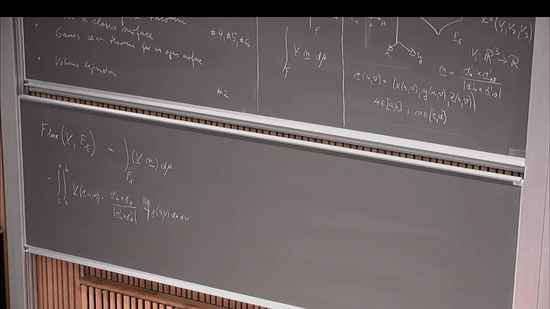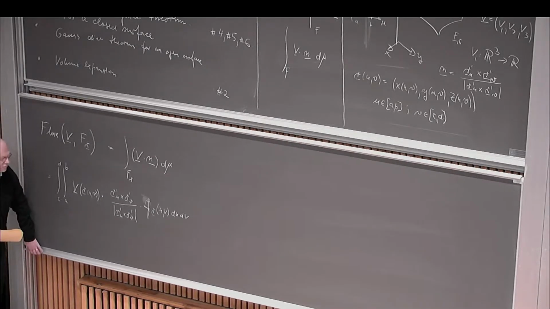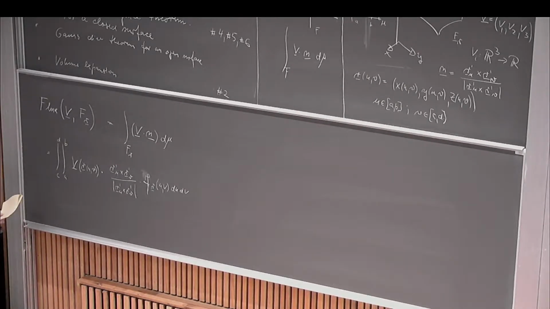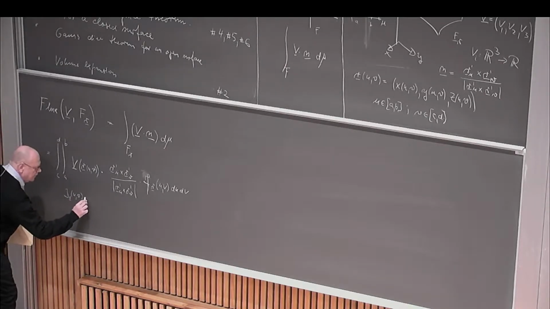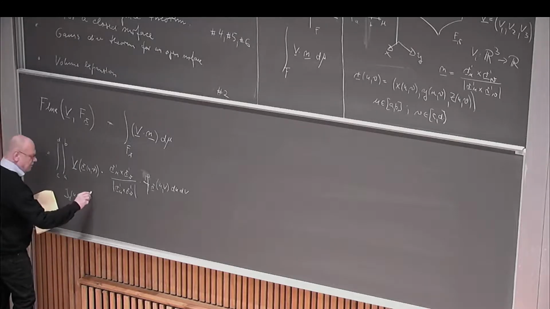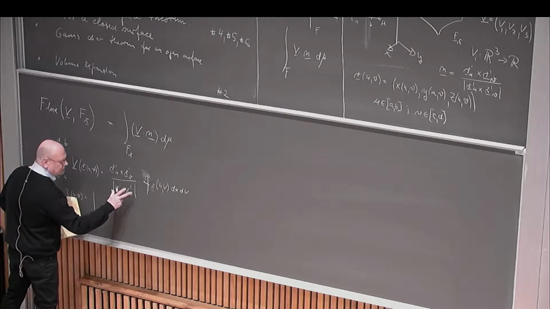So this is the result. And then you have to remember what is the Jacobian for such a surface integral representation. And it is simply just the length of this cross product.